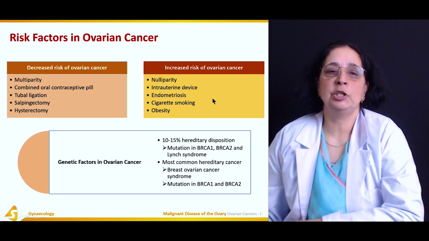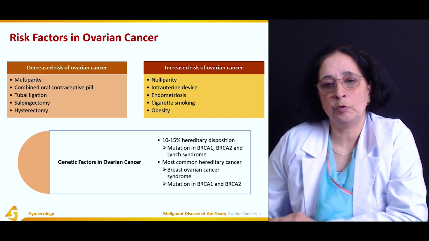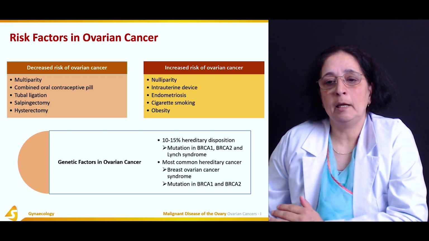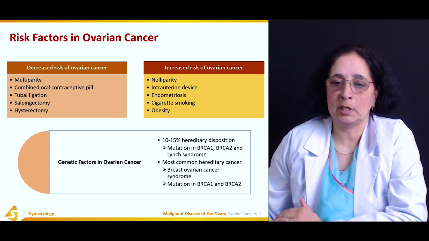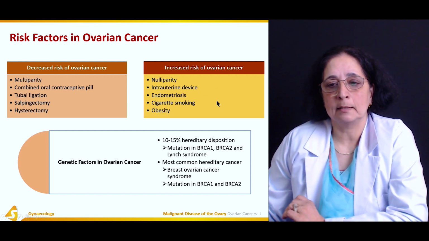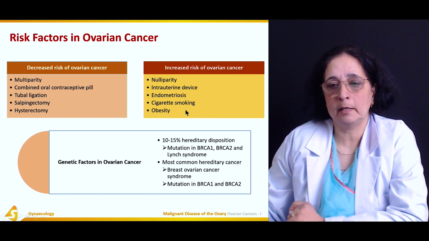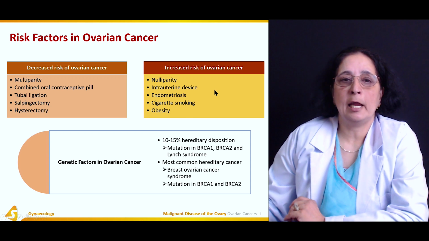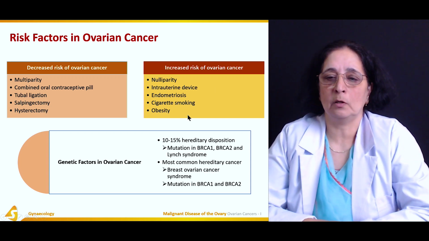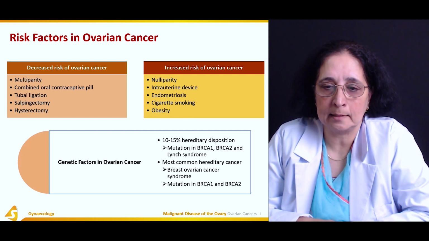Endometriosis is the condition in which endometrium, which is the lining of the uterus, is present in areas other than the uterus, outside the uterus. It also increases the chances of ovarian cancer. Similarly, females who smoke cigarettes have an increased chance, and obesity is also a factor for increased ovarian cancer.